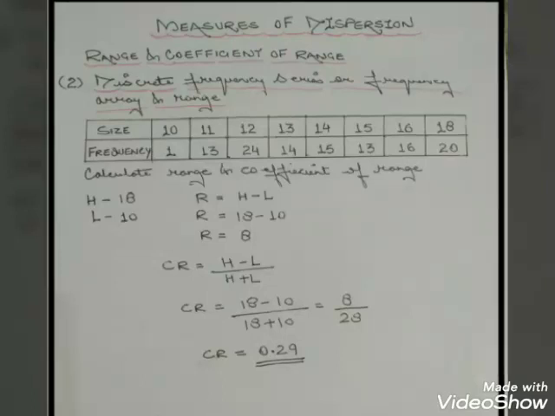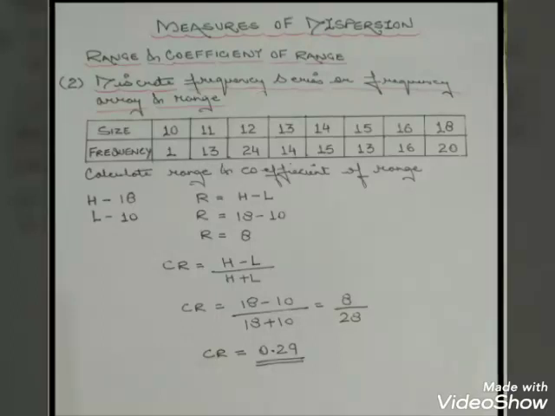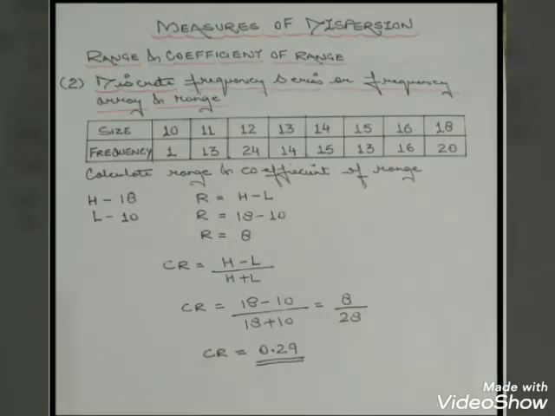You take the highest value and the lowest value from the size which has been given over here, not from the frequency. Remember this, children. If you see this size, the highest value in this series is 18 and the lowest value in this series is 10. So I have written over here highest value 18 and lowest value 10.